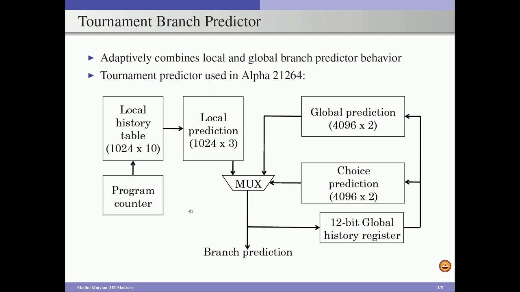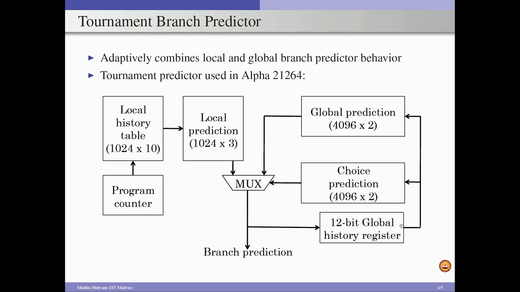And after the branch is resolved, we will update the local history table by pointing to the appropriate location in this, and then we shift that value into the corresponding entry. And also based on the outcome, we are going to change the values of these local prediction entries, and similarly the recent outcome whatever we got, we insert into this global history table also.